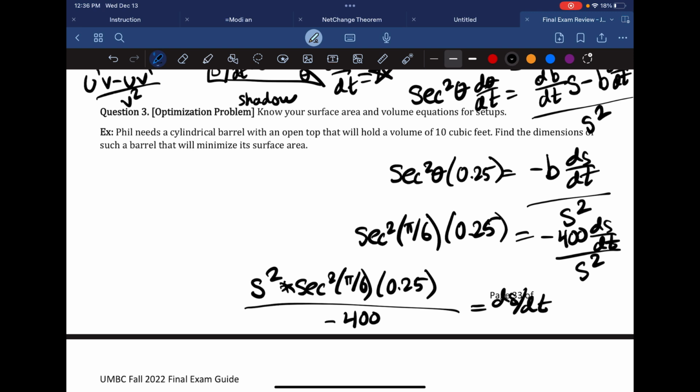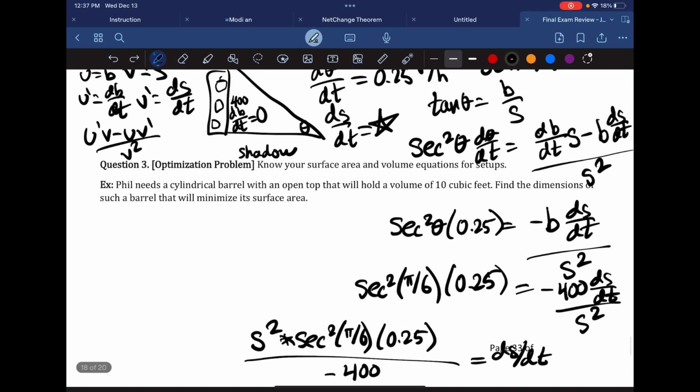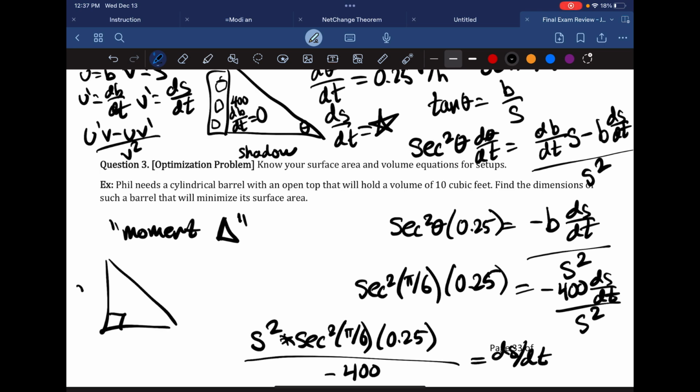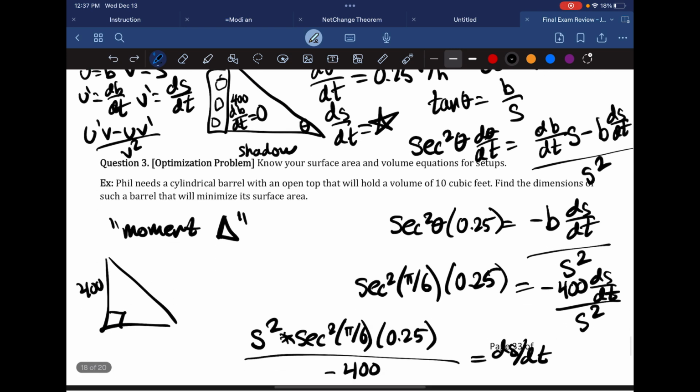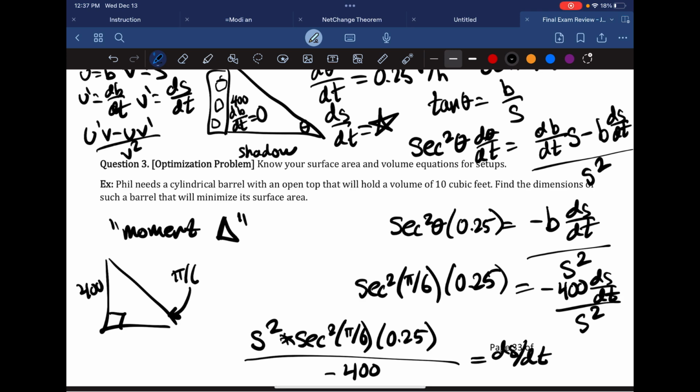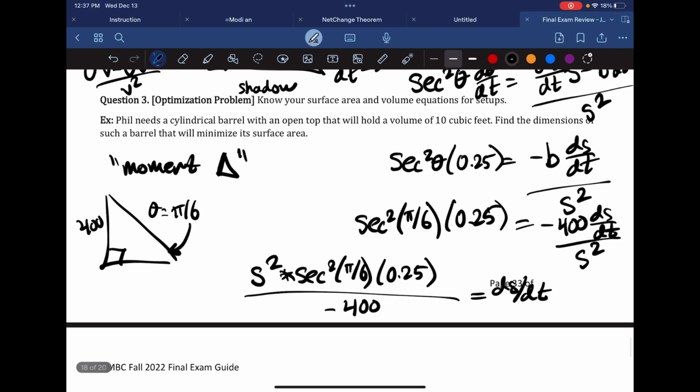But we're not finished yet because we can't actually get a number from this, because we don't know what our value of s is. So that is when we make our moment triangle. We're going to make another triangle. Our building is still 400, but in this case, we're looking at the triangle when pi over 6 is our theta. So tan of pi over 6 equals 400 over shadow.